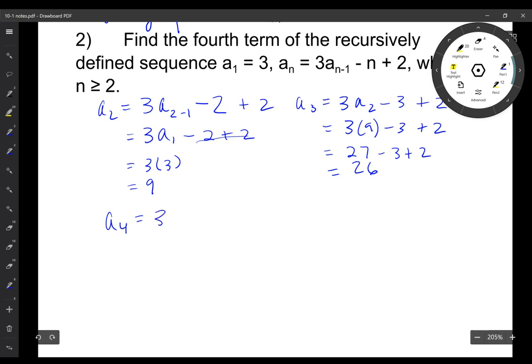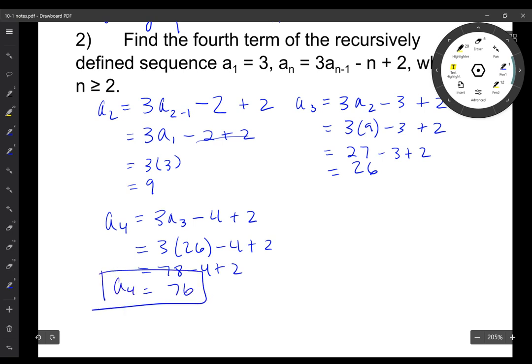Now I do 3 times A sub 3 minus 4 plus 2. So let's see, 3 times 26 minus 4 plus 2. I guess I could just really make that a minus 2. Let's see, 60, and 3 times 6 is 18. So wouldn't that be a 78 minus 4 plus 2, or just a 76? So the fourth term is 76.